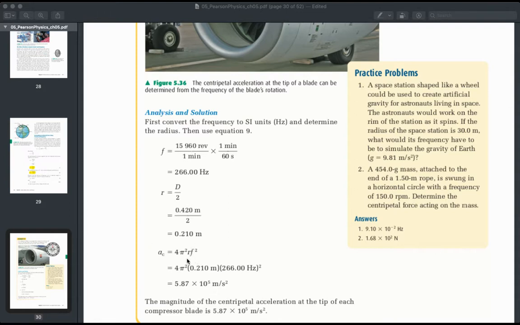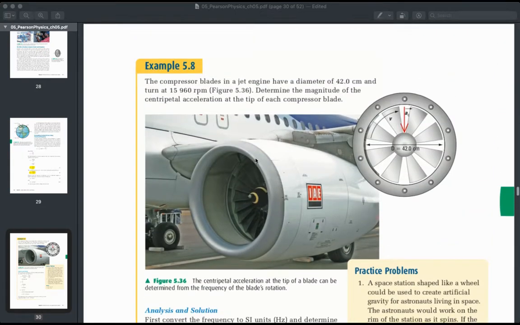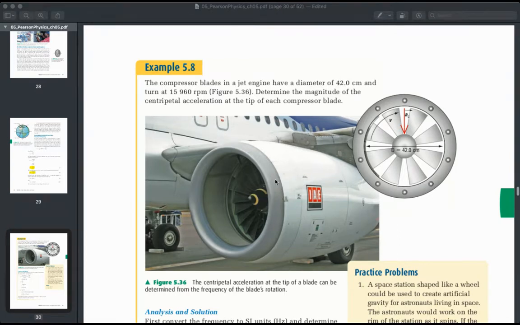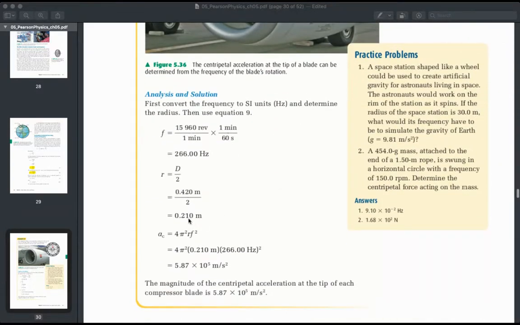If we don't know the speed, it's 4 pi squared r times frequency squared. The only thing more we need to do is figure out the radius. Since the diameter is 42, the radius is 21 centimeters or 0.21 meters.